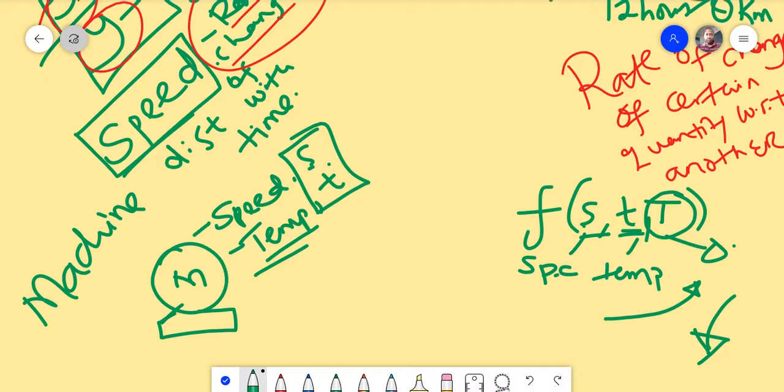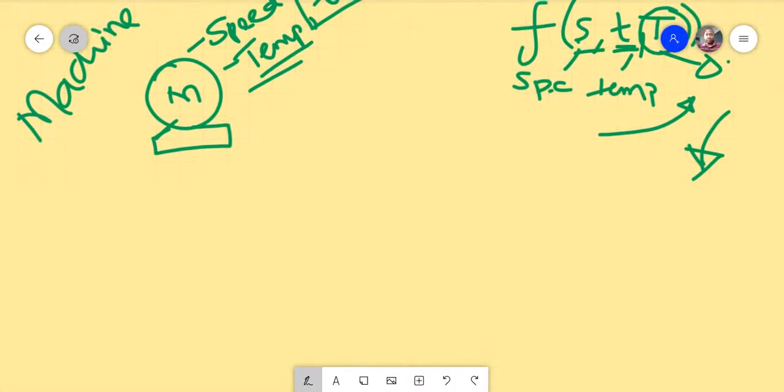Then we can also have a differential equation for temperature, whereby we're measuring the temperature of the machine as time goes by, or if it's increasing or reducing. Alternatively, we can have a differential equation that encompasses both.